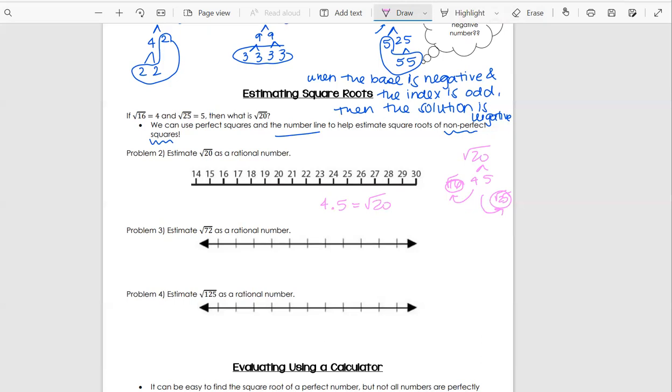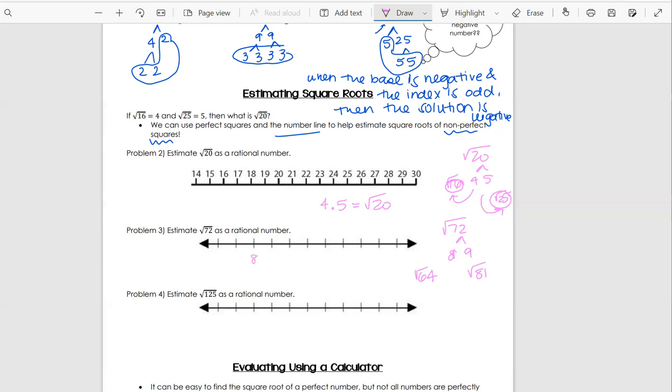So let's check out another one. Estimate square root of 72 as a rational number. So if I go to break down 72, I think about 9 and 8. And then I want to think about those square roots. So 8 would be the square root of 64. 9 would be the square root of 81. 72, and we can use our number line.